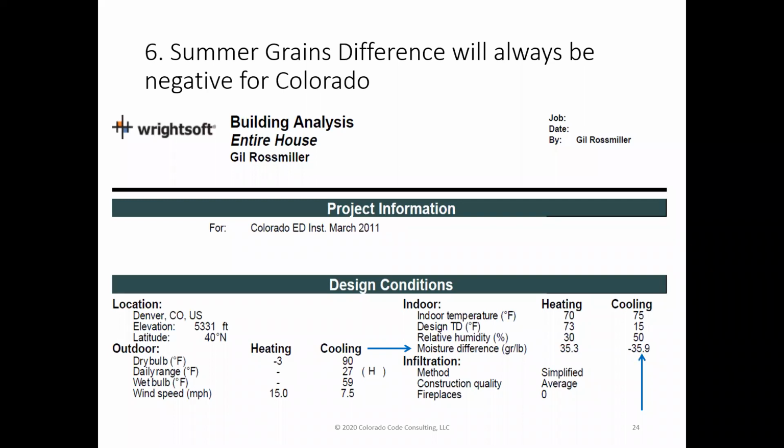This is another important piece, okay? This is the moisture difference, they call it grains per pound. What this is saying, and it's the cooling one that's the big deal, is what is the air like on the outside relative to the air I'd like on the inside?